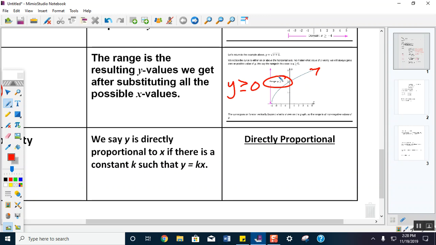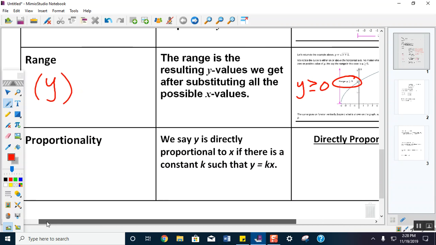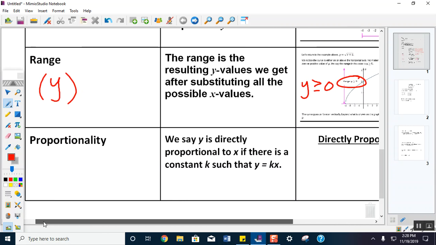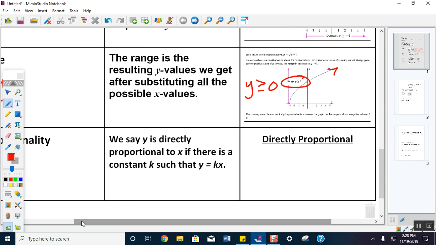Okay? And then a concept that's going to come up a lot today is about proportionality and how we write functions when we're given a statement. Guys, we say y is what here? Directly proportional to x if there is a constant k such that what, kids? y equals kx.